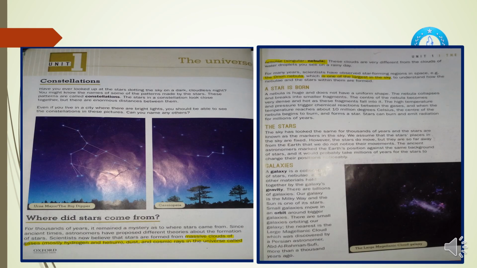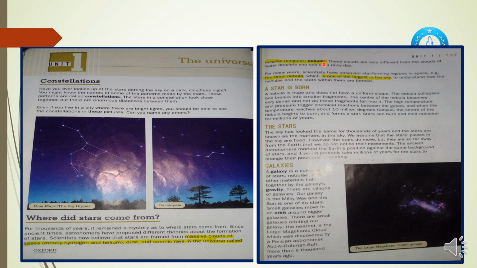Now these are the 2 pages of your books. This is page number 2 and this is page number 3. The topic which we have discussed right now is this one, where did stars come from? You're going to read from here, for thousands of years, till here. And you are going to underline the definition of nebula the way I have underlined. The massive clouds of gases, mostly hydrogen and helium, dust and cosmic rays in the universe are called nebulae.